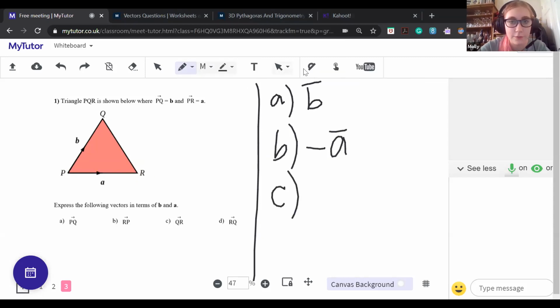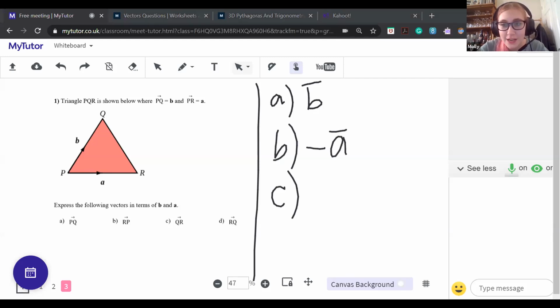And now we want to go from Q to R. So a bit trickier. Look, gosh, so many coming in quickly. Brilliant, loads of people getting that. Awesome stuff.